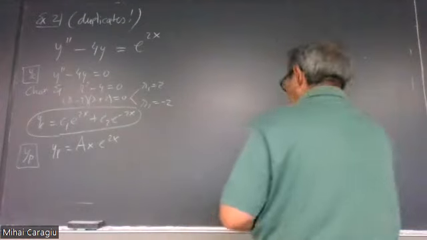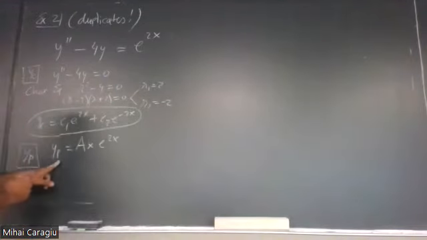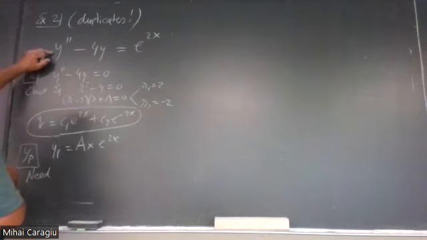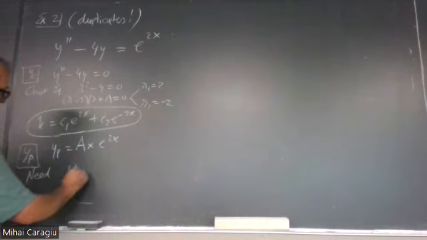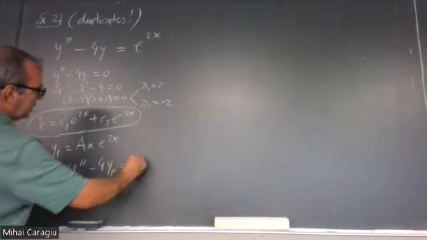Okay, so let's continue from this moment. We need y sub p to be a particular solution. So what do we need? y sub p to satisfy the differential equation y second minus 4y equals e to the power 2x. We need y sub p second minus 4 y sub p equals e to the power 2x. Right? That's what we need.